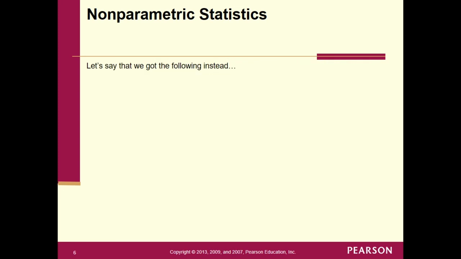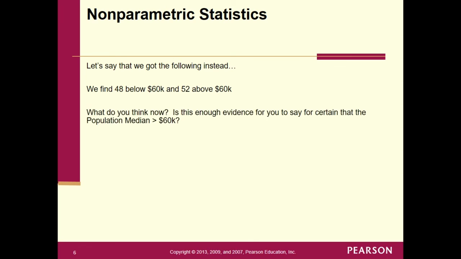So let's say that we got the following instead. Instead of that 75-25 split, maybe we got a 48-52 split. Now does that tell you something else? Well, what do you think now? Is this enough evidence for you to say for certain that the population median is greater than 60,000? Well, I wouldn't be too confident with that. Why? Because if the null had the population median at 60,000, and we took a random sample, don't you think a random sample could have produced this, meaning a 48-52 split?